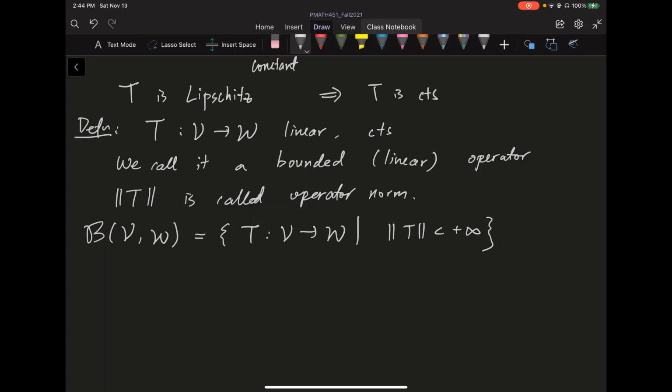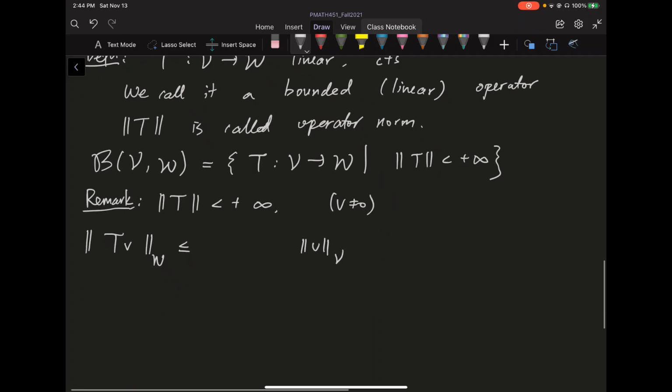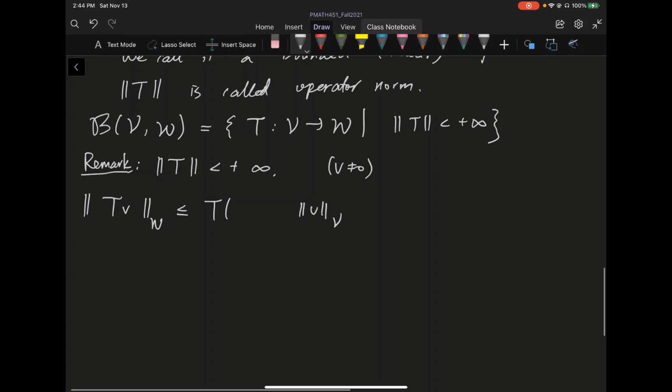So at the end of this one, I just want to prove one little thing. I just want to remark: once you know T is bounded, so the operator norm is less than infinity, consider T of any vector V, let's say V is non-zero. You've already seen this. You can normalize this V, so you can say this is the norm of V in the V vector space times T evaluated on the normalized version of V. V divided by its norm is a unit vector, so it's going to be bounded above by the product of these two.